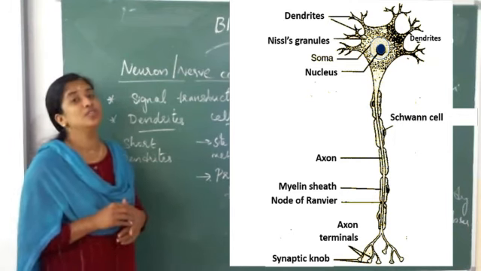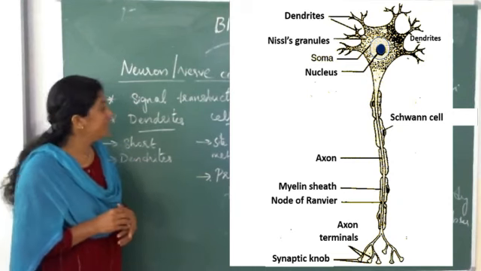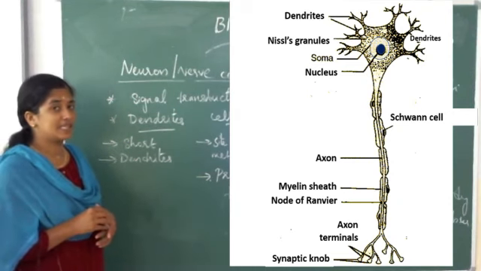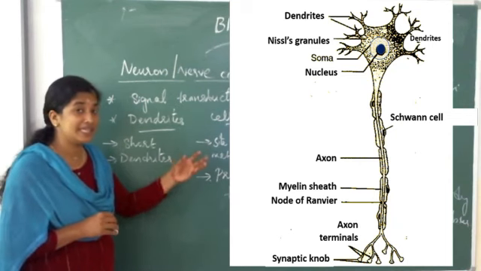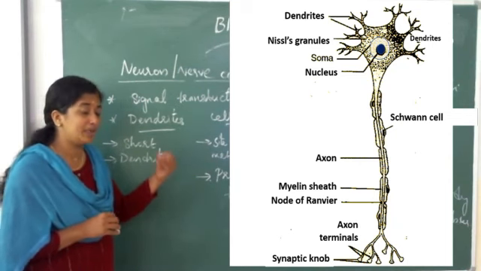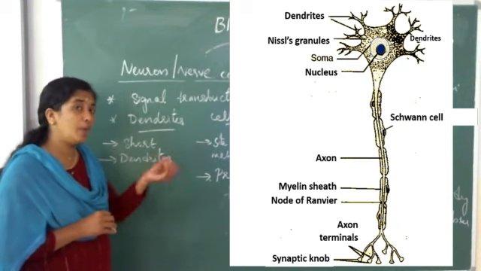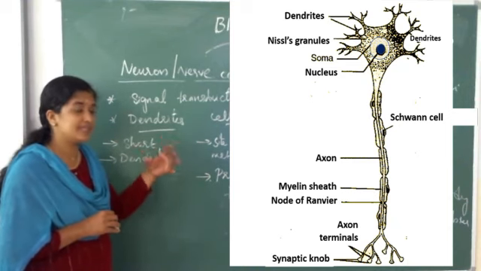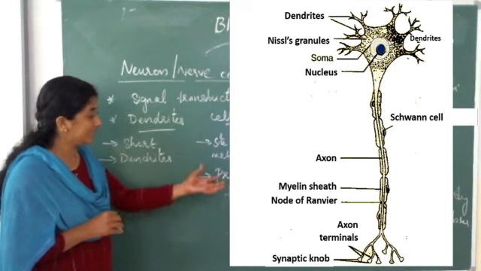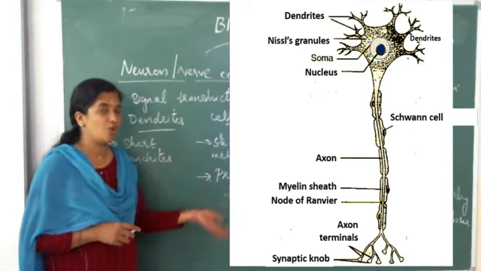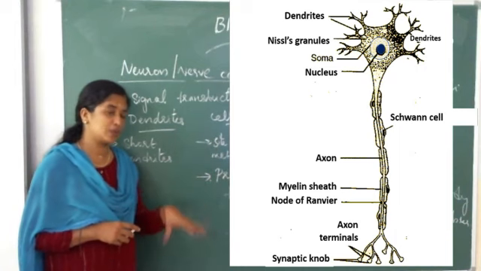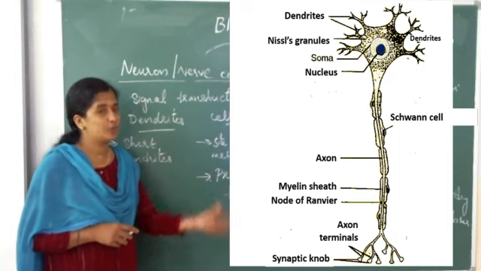Also these branches help to increase surface area to receive stimulus. Then the next important structure that I already told, the cell body, that is cyton. The cell body is the site of all metabolic reactions, and all processes of coordination occur in this cell body. Like a system, it also consists of one input unit, then processing unit, then output unit.